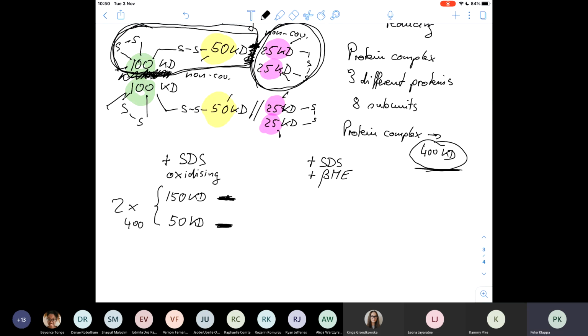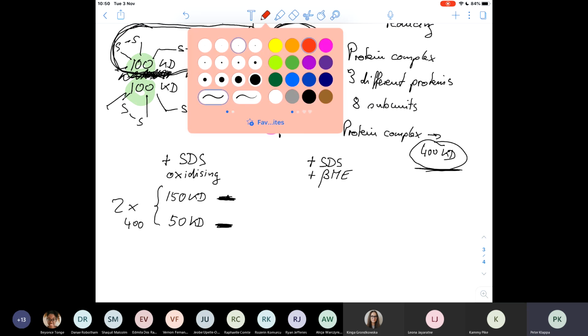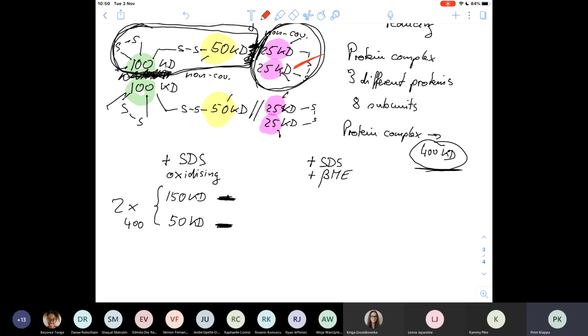So what would we get if we do it under beta-mercaptoethanol? We break these interactions like we had before, but now we also destroy the disulfide bonds.